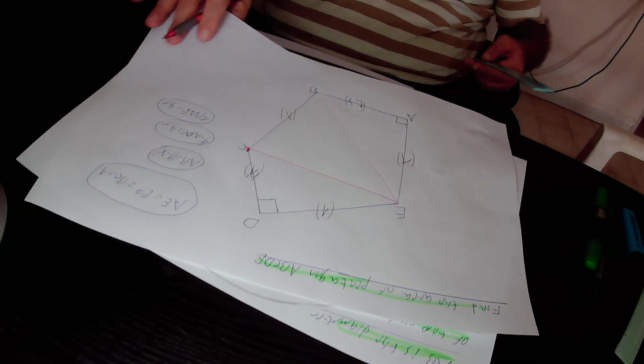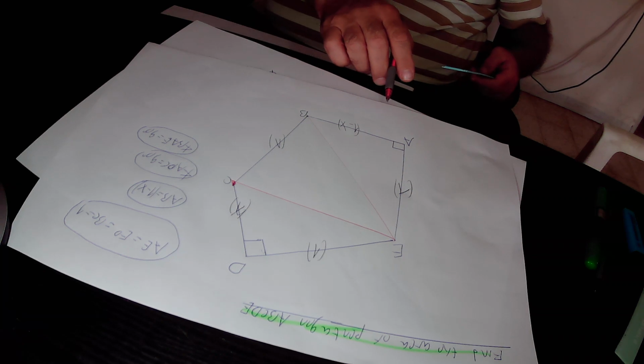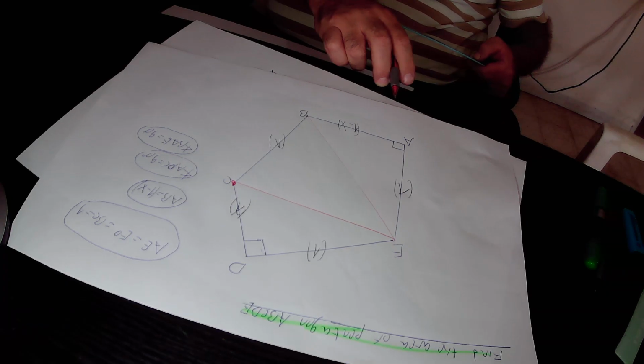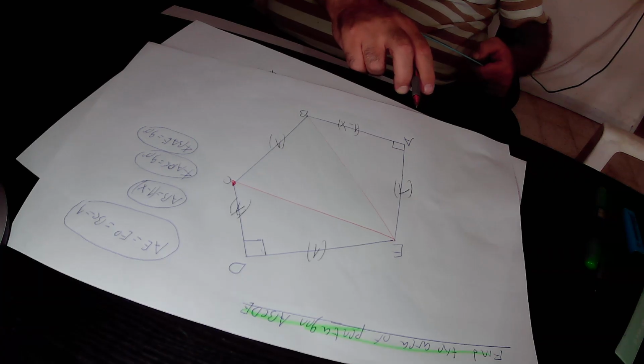In the next step, we'll extend side BA of this pentagon ABCDE by a straight line in such a way that the extended part will be equal to x units in length.